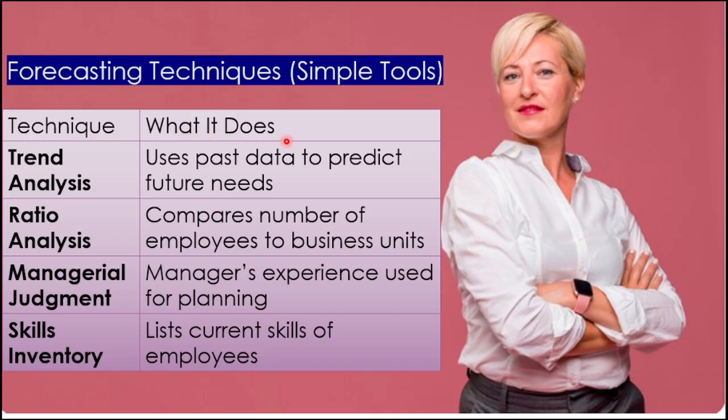Let's start with the first technique, which is trend analysis. What it says: uses past data to predict future needs. Trend means that the trend starts from the beginning and continues. Over here we are using the past data to predict the future need.